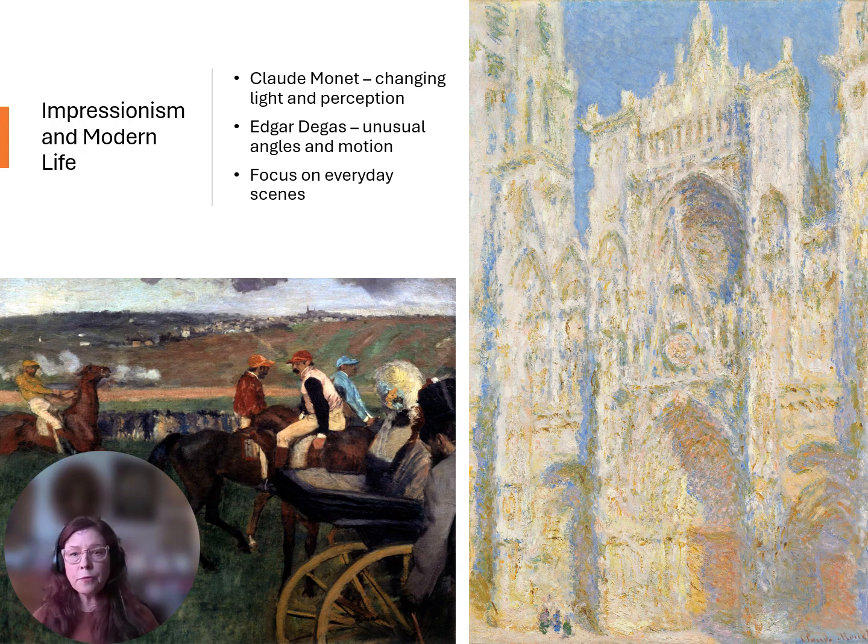But always from these unusual angles, almost like he's painting a snapshot. And of course, that's not a coincidence because Degas was very influenced by photography. Cropping, off-center compositions, moments that feel like they are happening in real time, all of that reflects this new way of seeing.